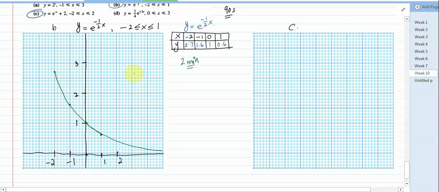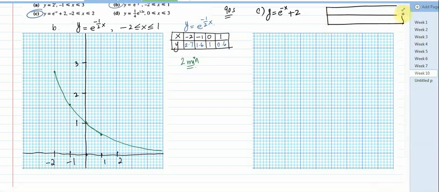Now in part C, the question is y is equal to e to the power minus x plus 2, and the values of x are given, so I'm just constructing the table here, x and y.